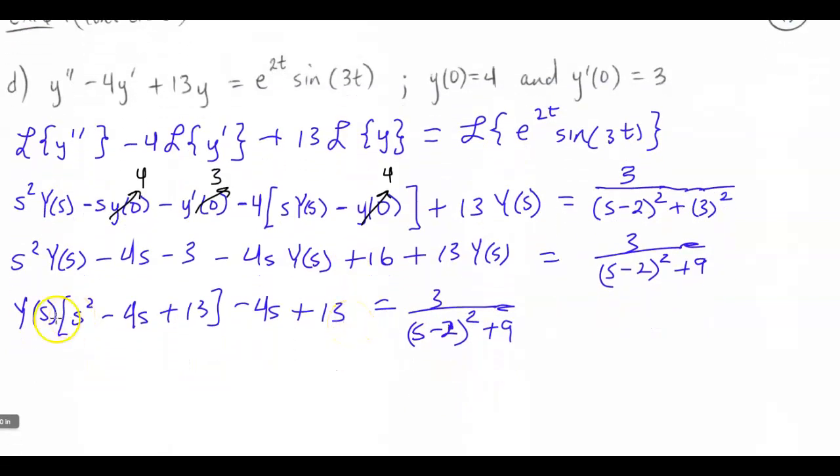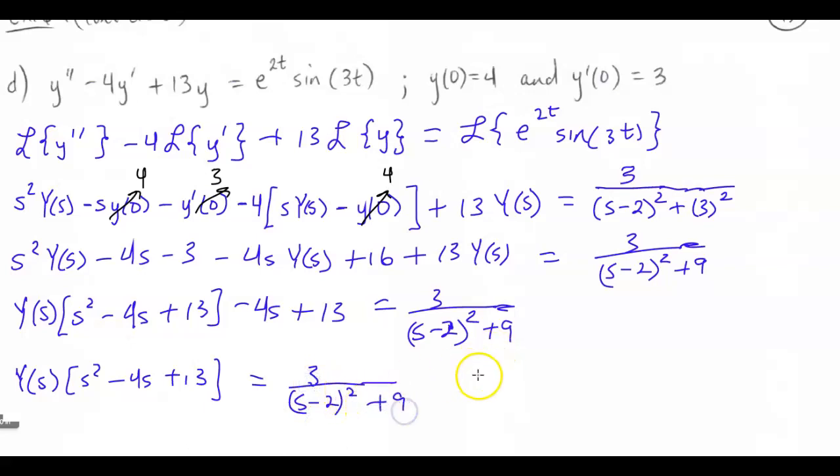Then from that point, again, we're just trying to solve for Y of S. So we're going to leave all of this here. And on the other side, this will be 3 divided by S minus 2 squared plus 9 plus 4S minus 13.